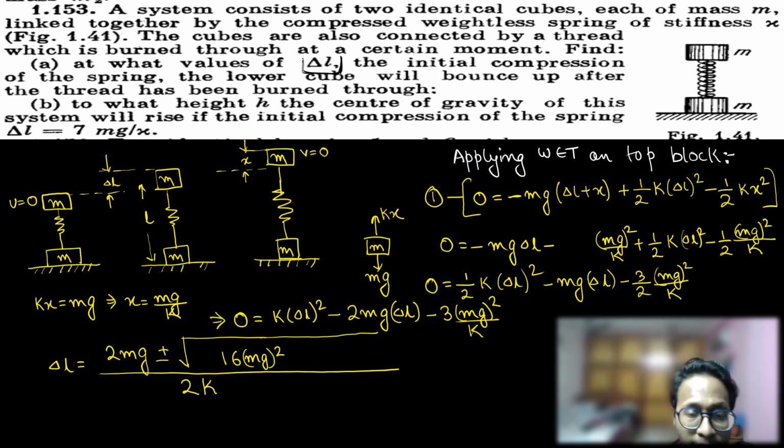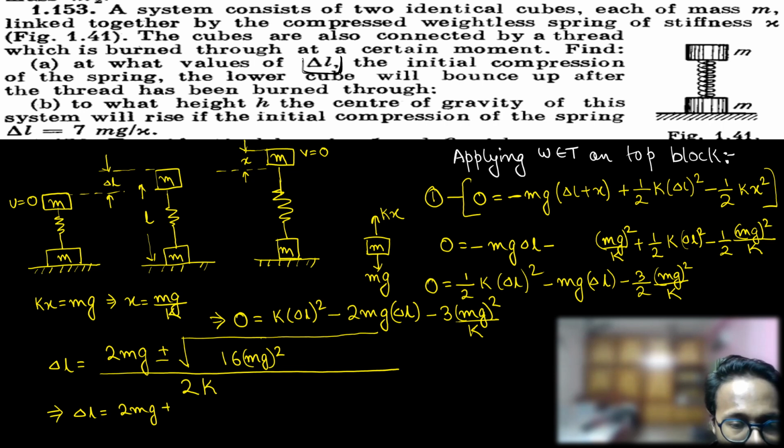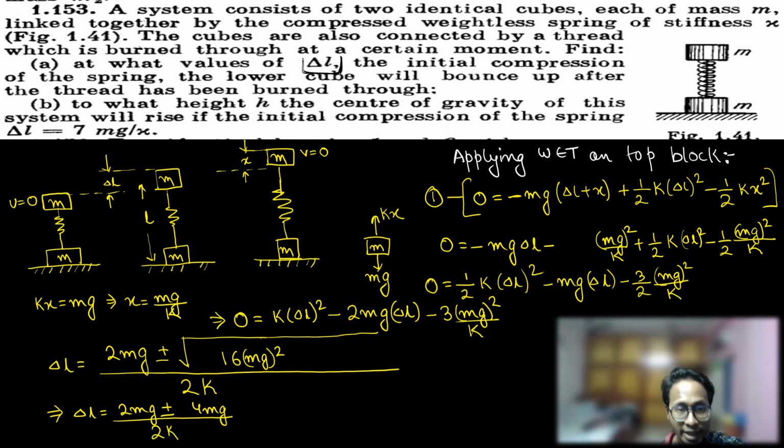What is under root of 16 mg square? 4 mg. So delta L is 2 mg plus minus 4 mg by 2k. The value of delta L wouldn't be negative here. Why? Because I have already taken the minus sign to counteract this negative sign.